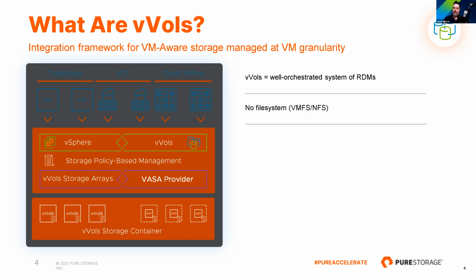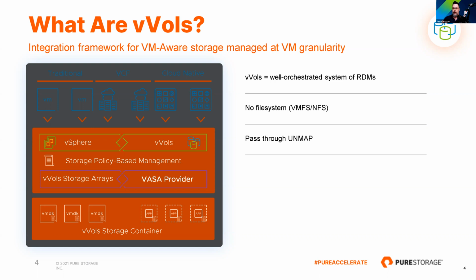When you don't have a file system, there's no secondary layer that the information has to pass. The VM is directly accessing its object and that disk. Very similar to an RDM, but without some of the losses in functionality in the virtualized environment. There are other benefits too with that direct connection.